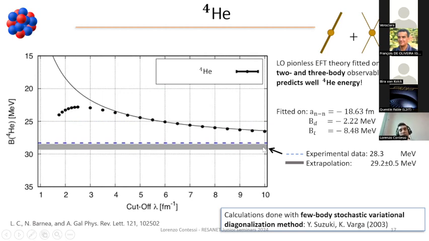This is only numerical error, so there is not yet the truncation error, but already the central value of this theory is very well in agreement with experimental data, which is interesting because this theory at leading order is not necessarily working extremely well. So in principle, even if you would have been relatively far, that would not be a problem. But in helium-4, it works extremely well, better than you would have expected.